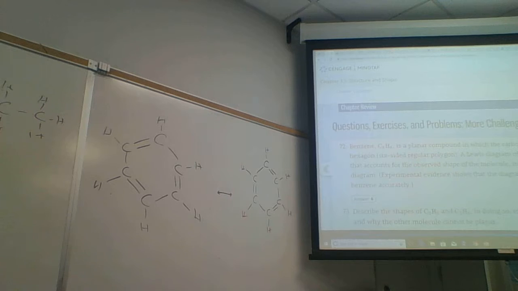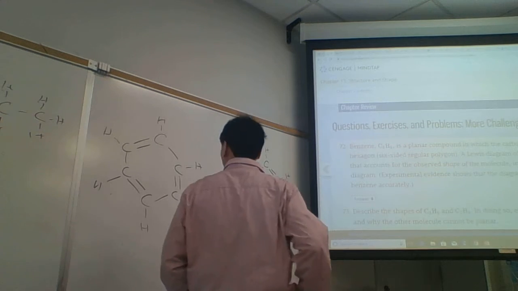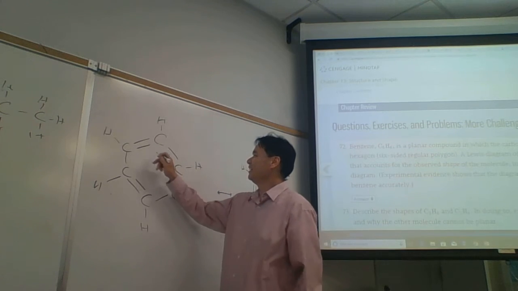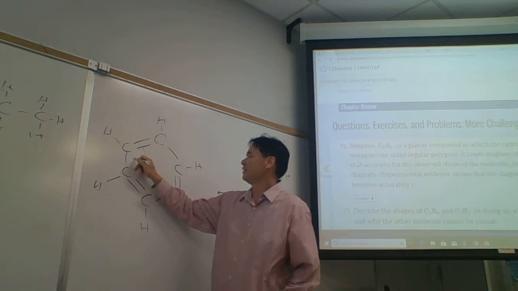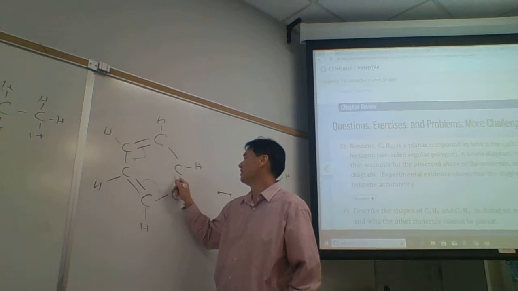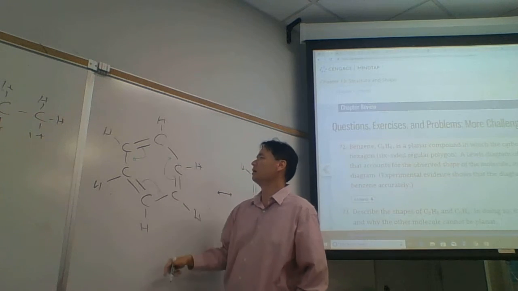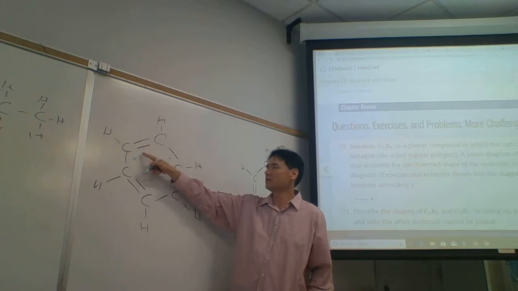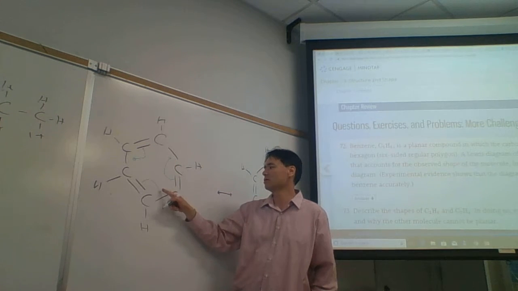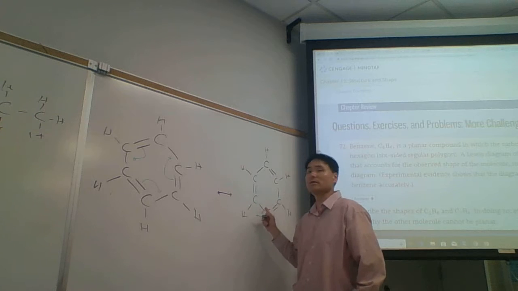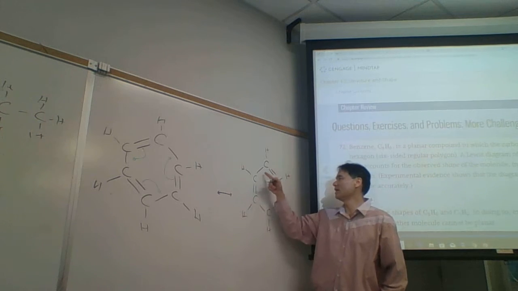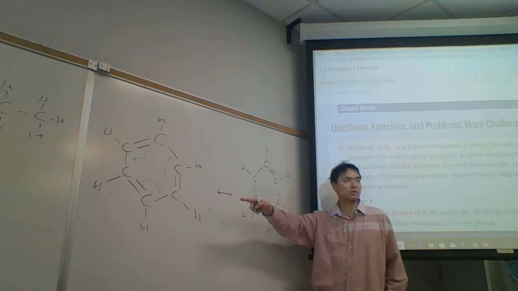What's accurate is this. What can happen is the bonding electrons can rearrange themselves here. So for example, if I push these electrons over to this bond, and these electrons to this bond, and these electrons, I get this structure. And if I do that again, I'll revert back to that structure.